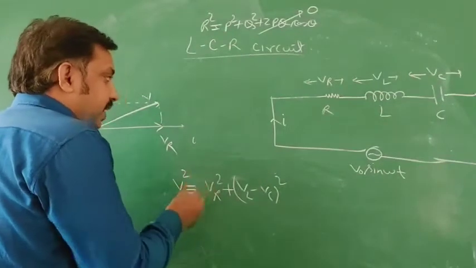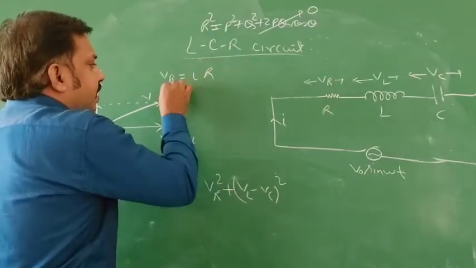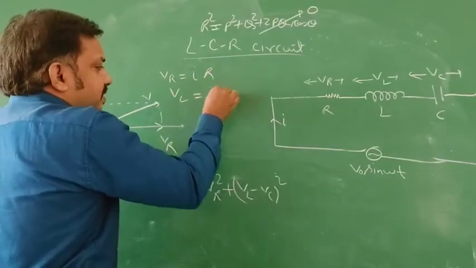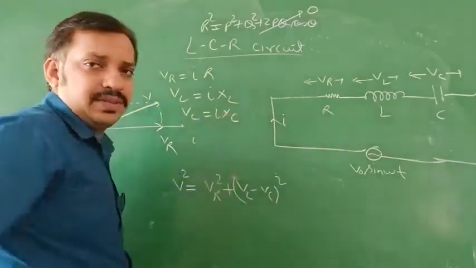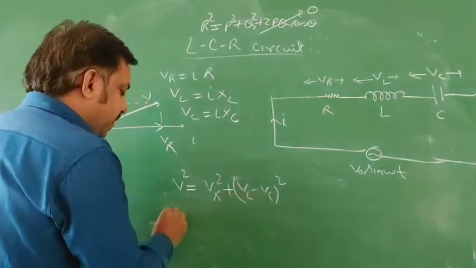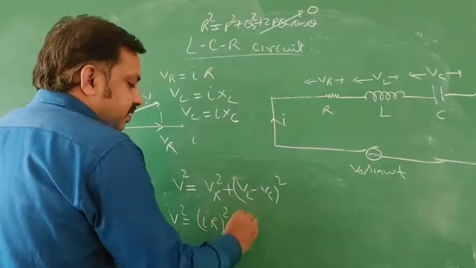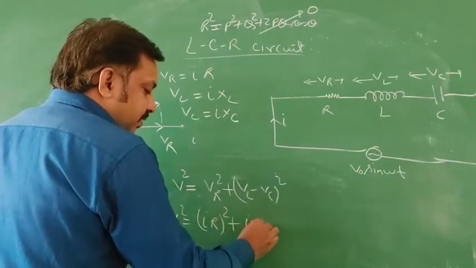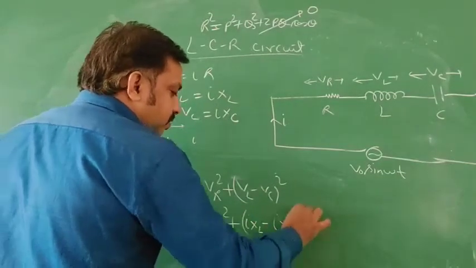Now you know that VR can be expressed as I into R, VL equals I into XL, and VC equals I into XC. When you put all three values here, you get V square equals IR square plus I into XL minus I into XC whole square.